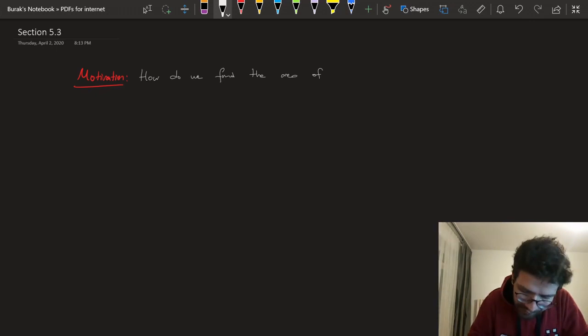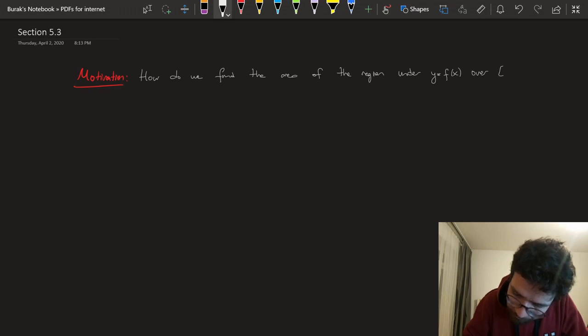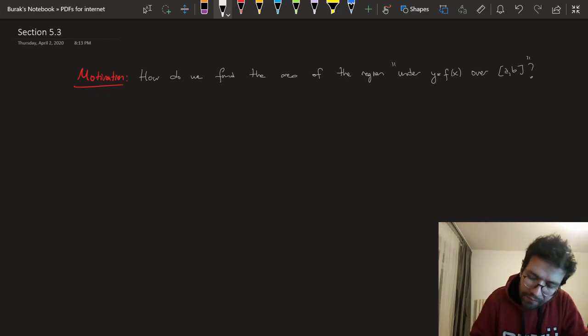How do we find the area of the region under y equals f of x over an interval AB? So I should explain what I mean by this. The region under y equals f x over AB.